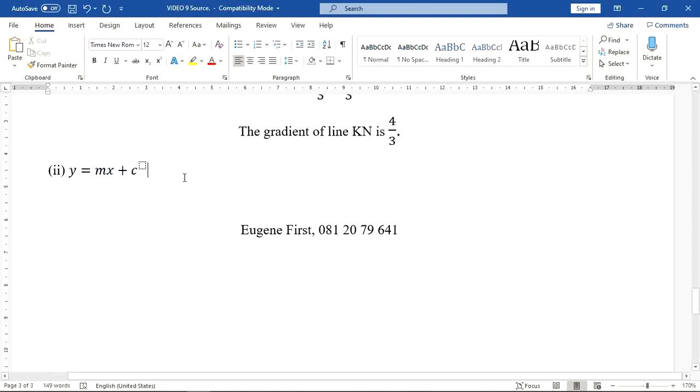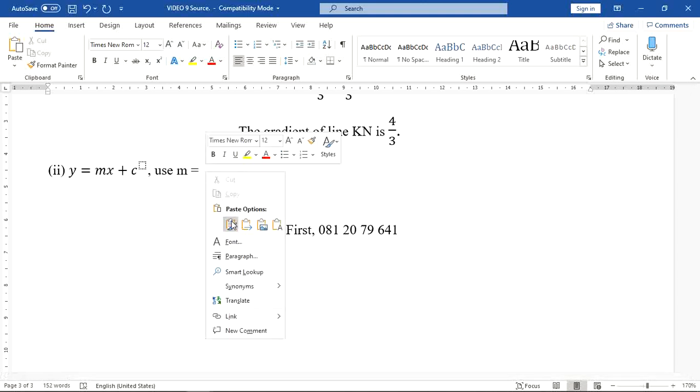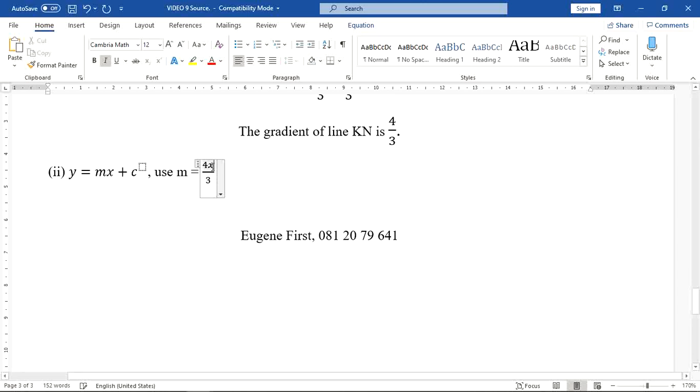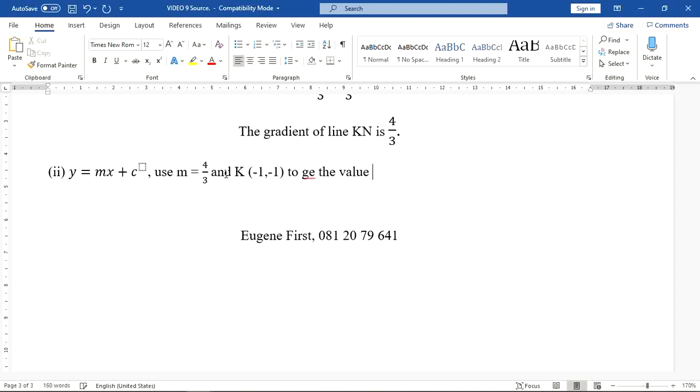Okay, so now here we say use m is equal to 4/3 and the coordinates of k, which are -1, -1, to get the value of c, of the constant.